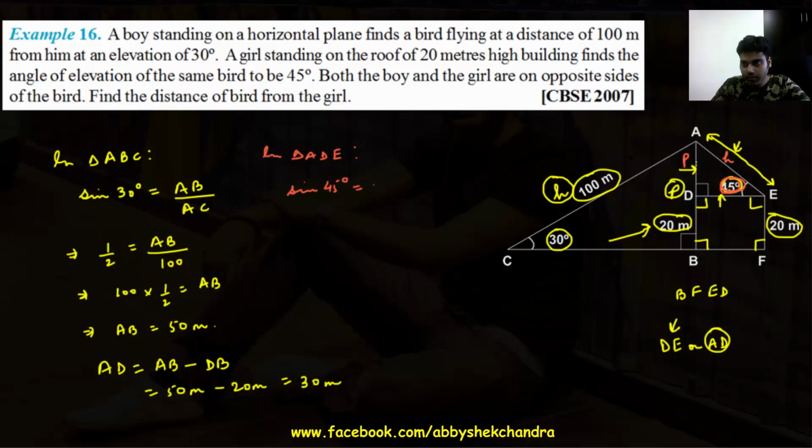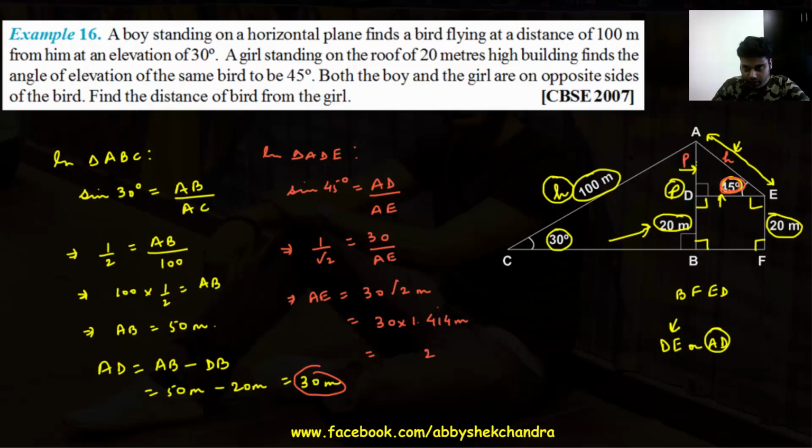Sine of 45 degrees will be perpendicular AD by hypotenuse AE, or sine 45 is 1 by root 2, AD is 30 meters, we just calculated, divided by AE, or AE equal to 30 into root 2 meters, or 30 into 1.414 meters, equal to 42.42 meters is the answer.